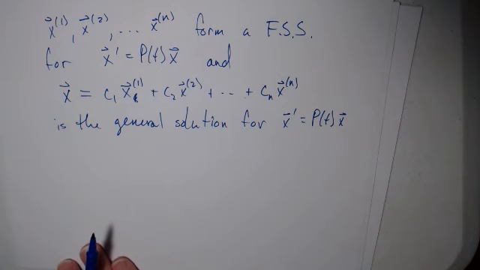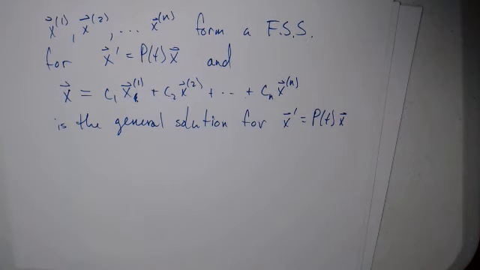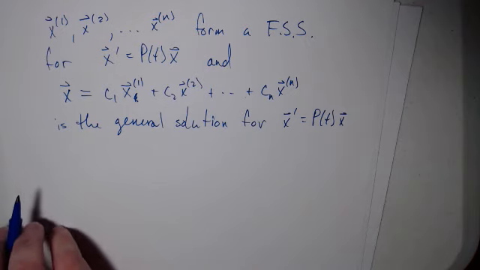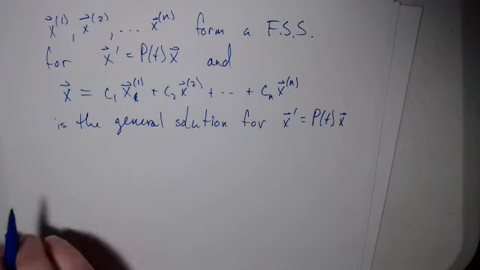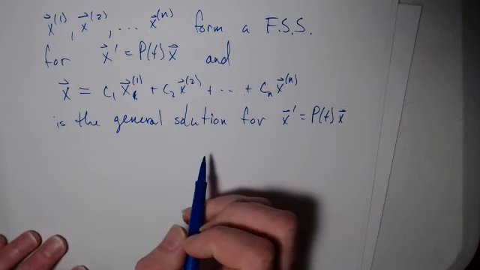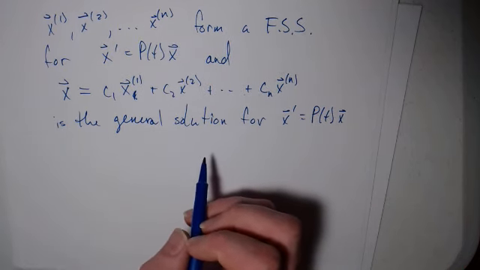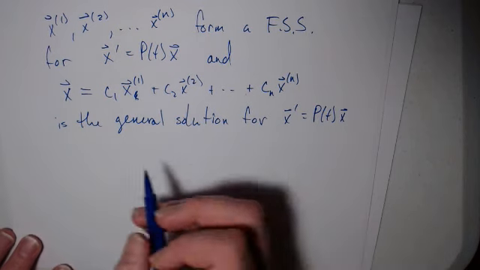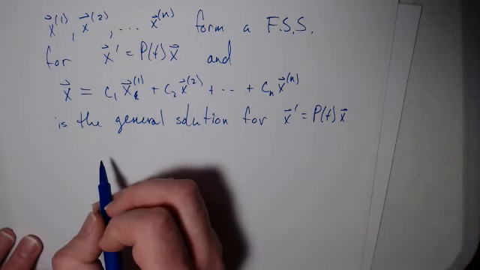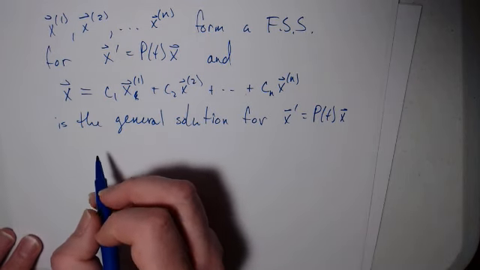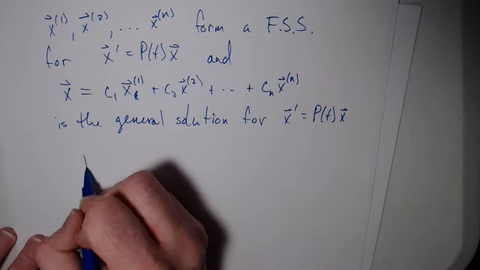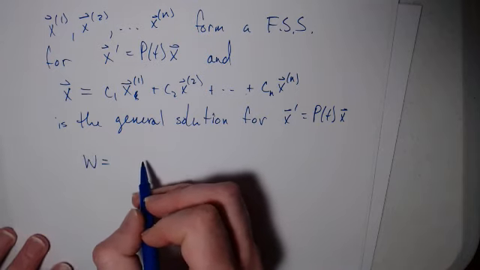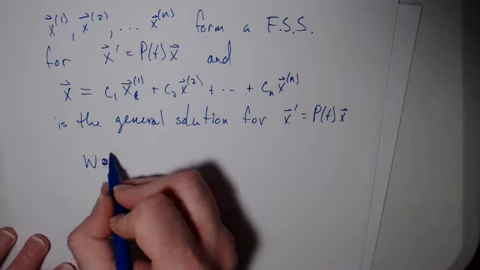So the Wronskian can be done as the usual determinant, but we also get the formula that the Wronskian, I should say of what?